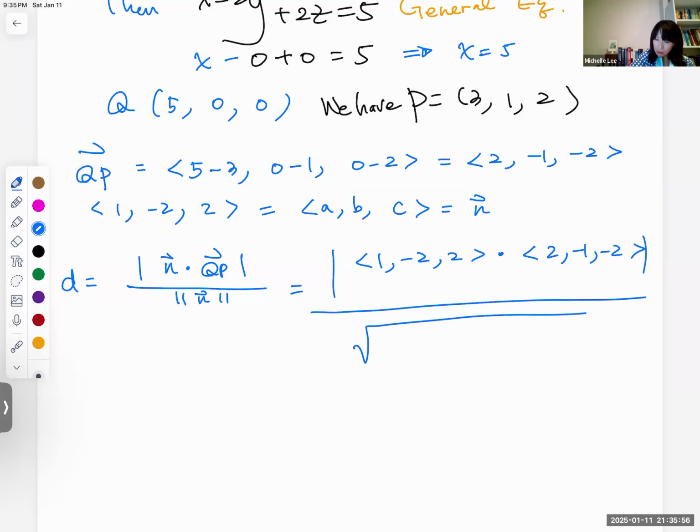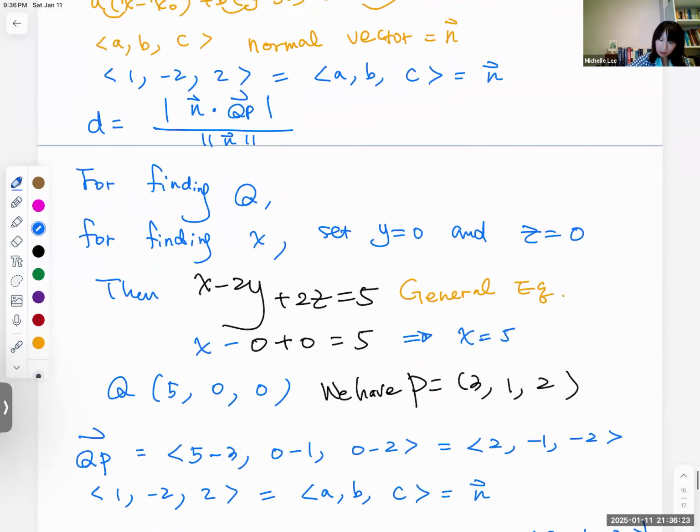And n is 1 squared plus negative 2 squared plus 2 squared. That's the n, right? Did I make a mistake? Hold on one second. n is something weird.